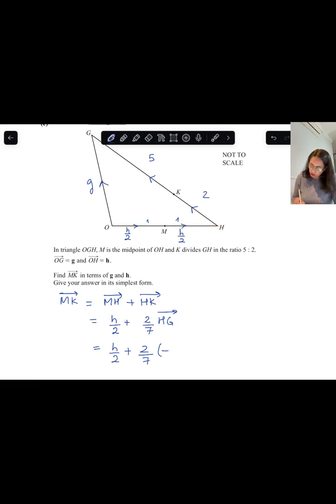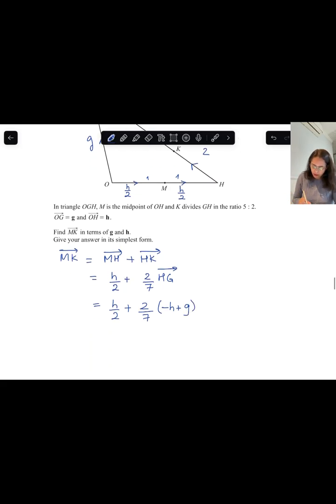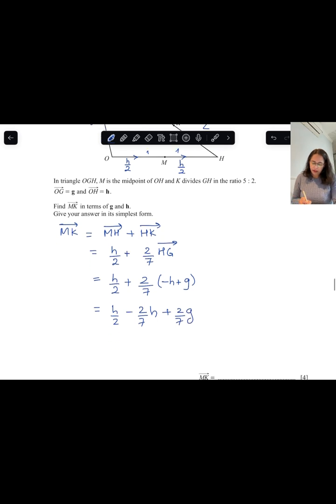Let's work this out. Expand the brackets. H/2 minus 2/7H plus 2/7G. Let's combine the H's together. Here the LCM is 14, the common denominator of 2 and 7 is 14. You can do it on the side, I'm going to do it on the side just to explain.